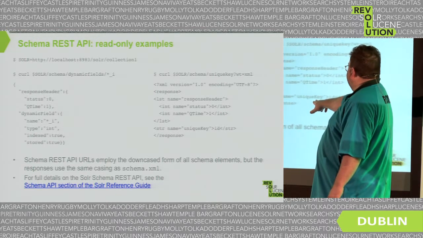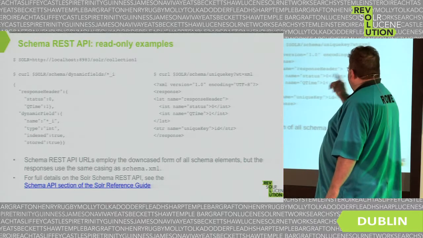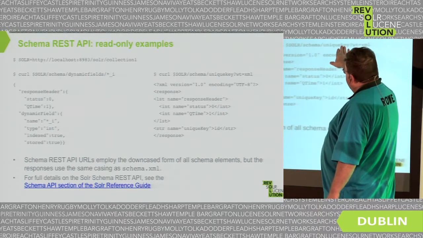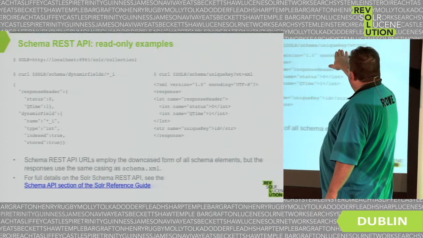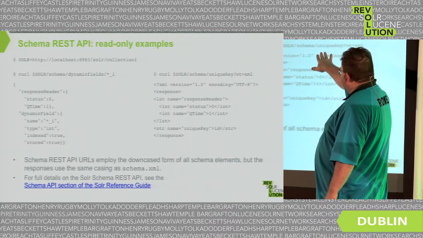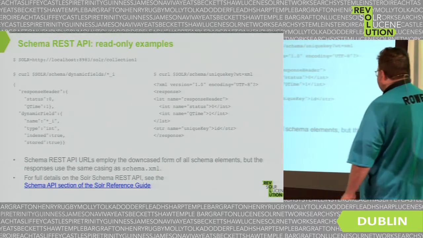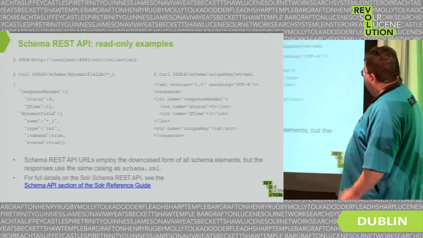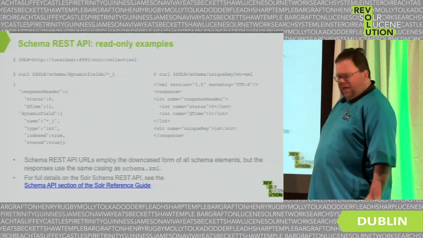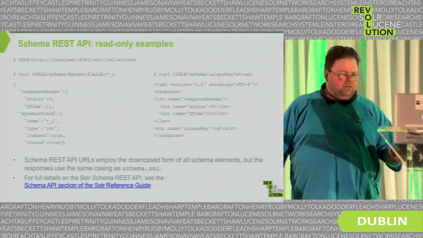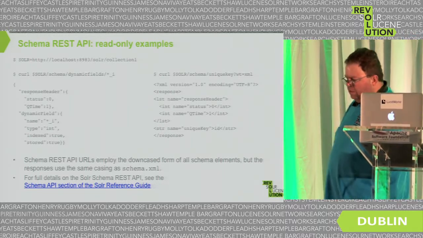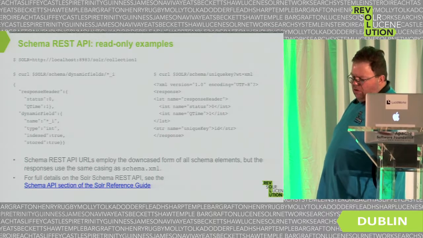So unique key in schema.xml has an uppercase K, but to be consistent in URLs, the entire name for things is downcased. And there's a link there to the Schema API section of the Solr reference guide, which has full details on all calls that are possible.